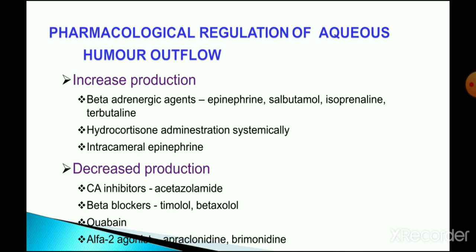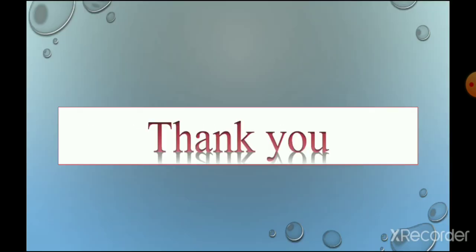Decreased production occurs with the carbonic anhydrase inhibitor acetazolamide, the beta blockers timolol and betaxolol, and alpha-2 agonists like apraclonidine and brimonidine. Thank you.